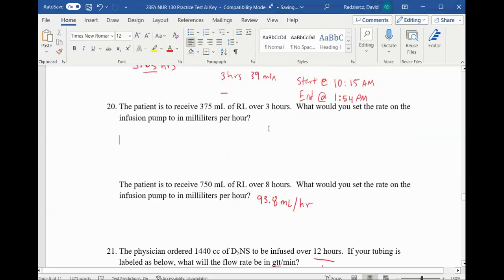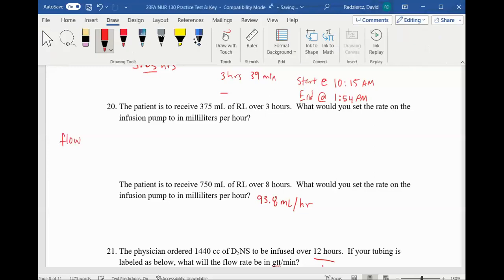So the first thing you need to know, if it's your first time looking at the flow rate questions and you got a little bit apprehensive, is that flow rate is a way to measure a volume being dispensed over time.